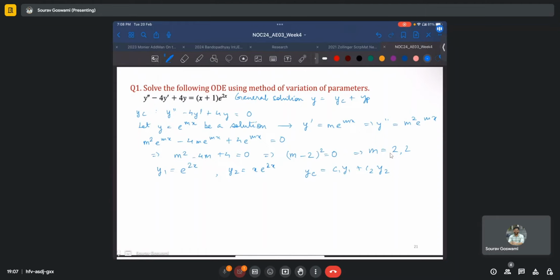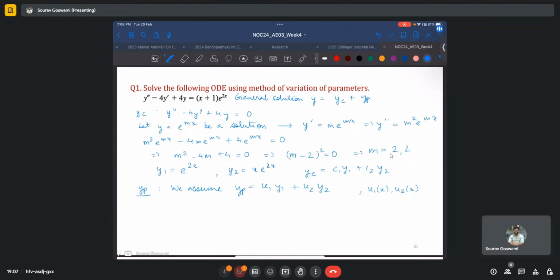Next, we move on to finding the particular solution, and for that we assume a solution of the form y particular is u1 y1 plus u2 y2, where of course u1 and u2 are functions of x.